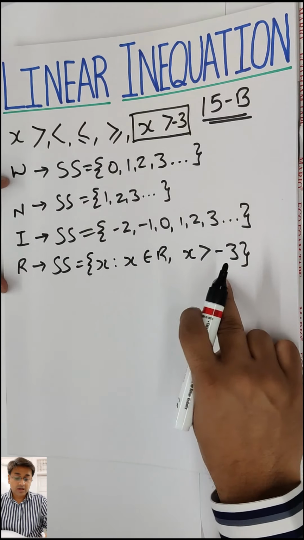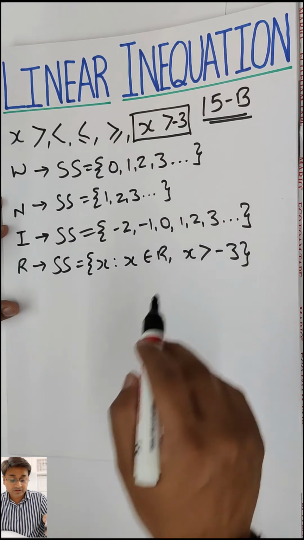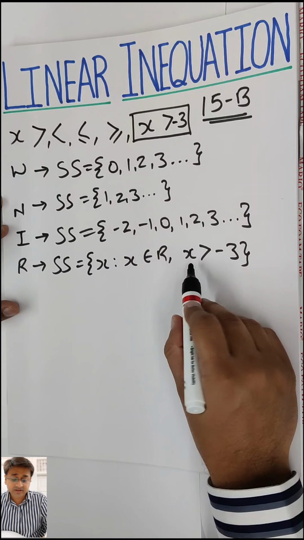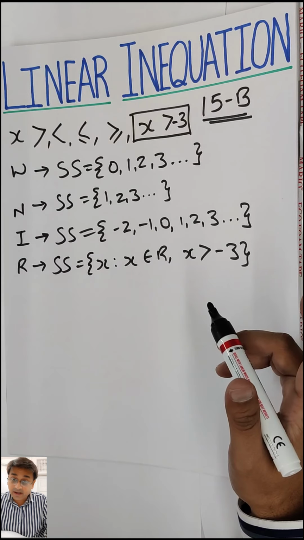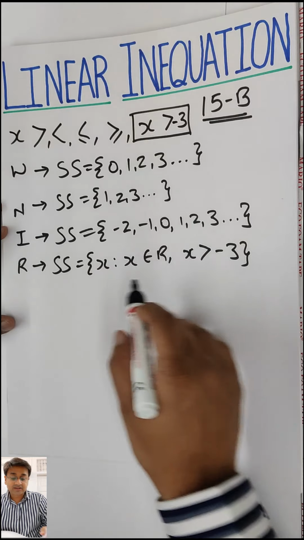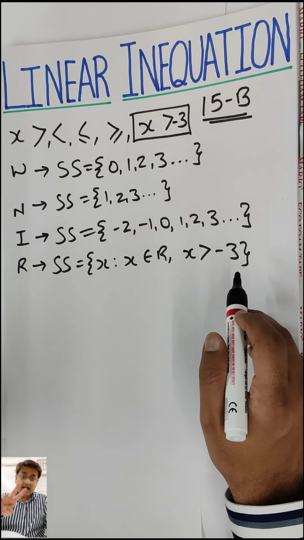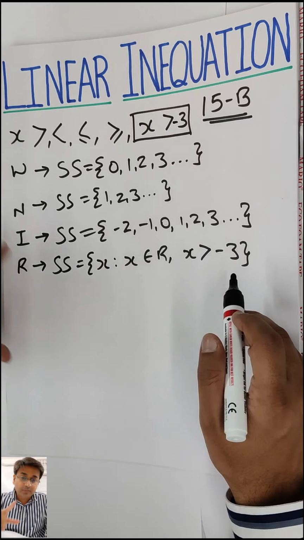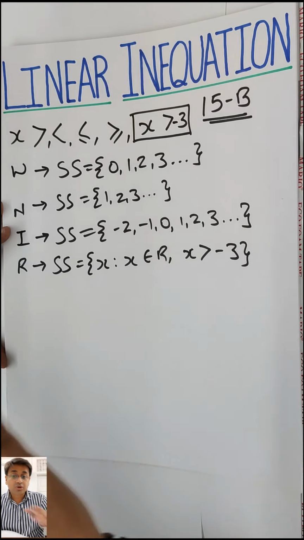Once you support both conditions, you've written it in set builder form. Last time I asked you, if this is greater than minus 3, what will the number be? It can be minus 2.9999, you do not know till when. So you cannot write it in list form, therefore you write it in set builder form. And the third thing, do you remember the most important thing I told you? Always take X on the positive side, so you never go wrong.